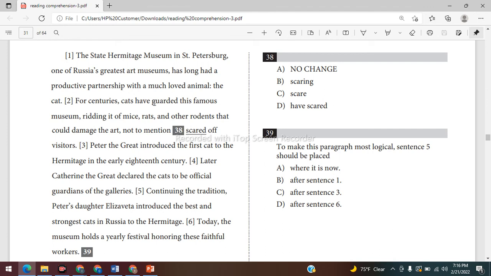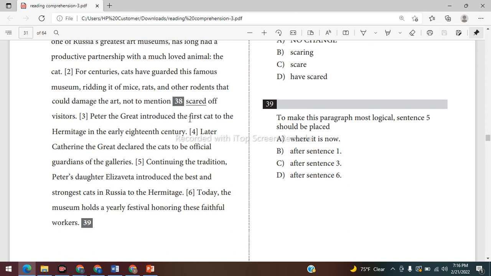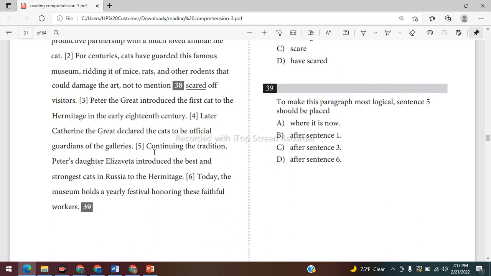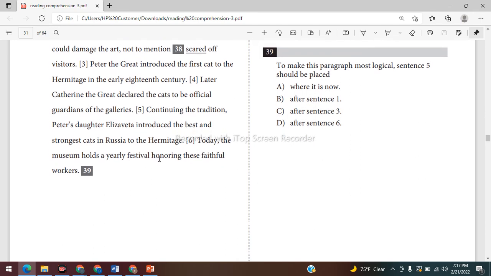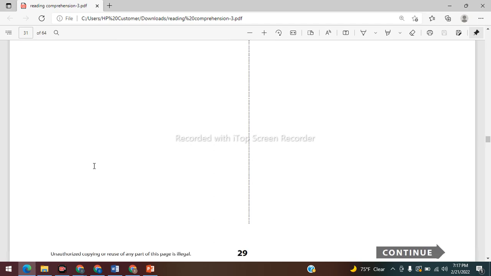For centuries, cats have guarded this famous museum, ridding it of mice, rats, and other rodents that could damage the art, not to mention scaring off visitors. Peter the Great introduced the first cat to the Hermitage in the early 18th century. Later, Catherine the Great declared the cats to be the official guardians of the galleries. Continuing the tradition, Peter's daughter Elizaveta introduced the best and strongest cats in Russia to the Hermitage. Today, the museum holds a yearly festival honoring these faithful workers.